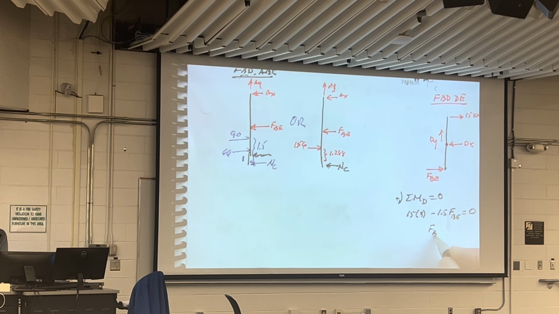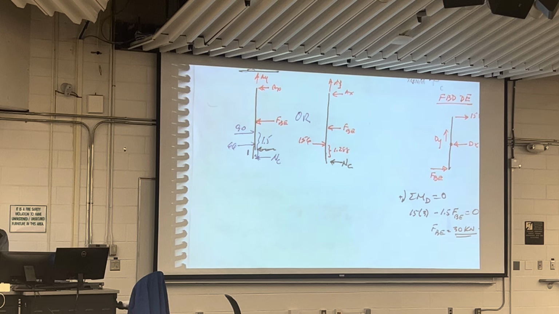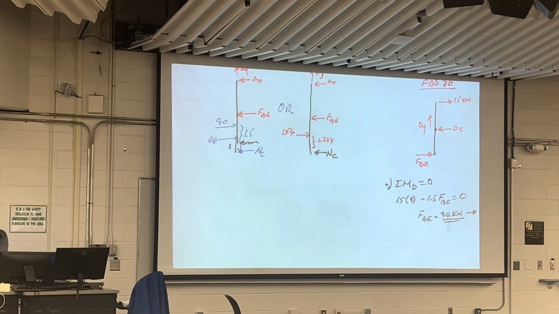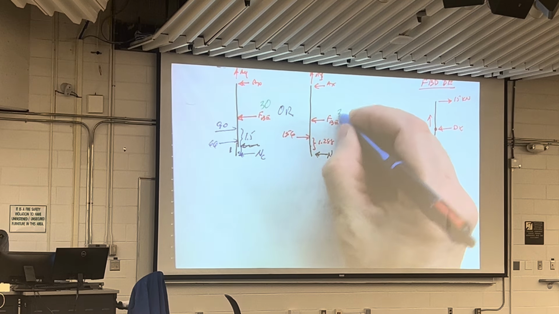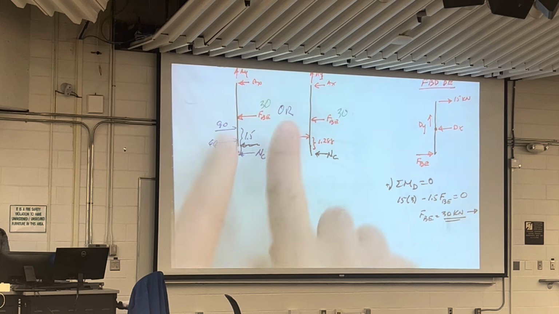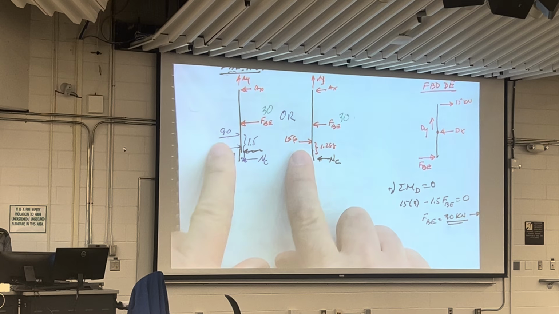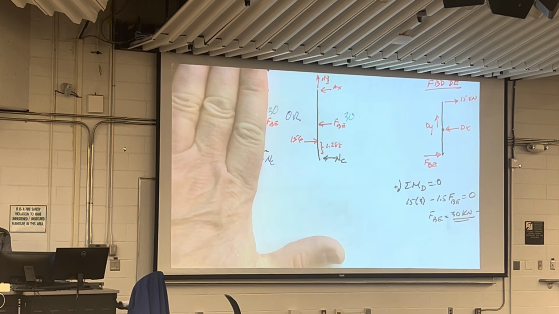Or FBE is equal to 30 kilonewtons, indeed going to the right. So I guessed correctly, which means over here on this free body diagram, I'm going to say this is 30, or on this free body, I'm going to say 30. Now you don't have to draw both of these, you just need to draw one of them. If you choose to do that, that's fine.